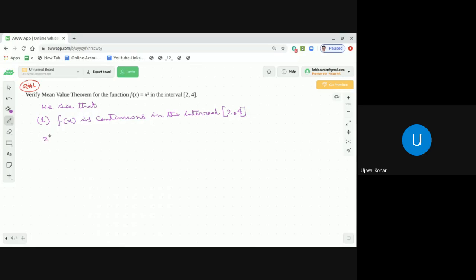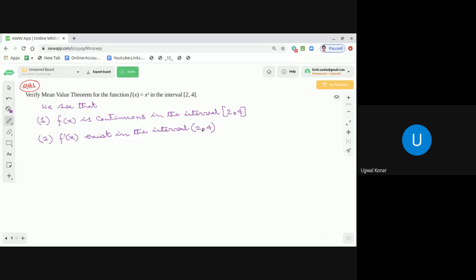And the second condition is that f dash x, that is the differential coefficient of f(x), exists in the open interval (2, 4). Correct?